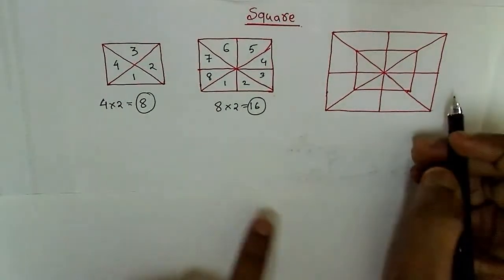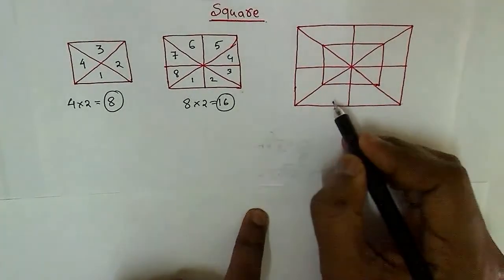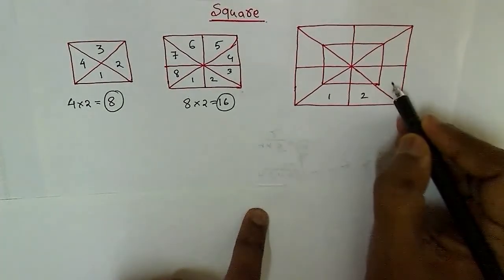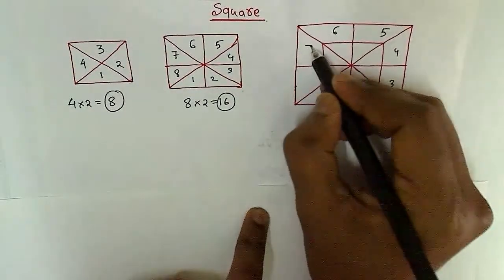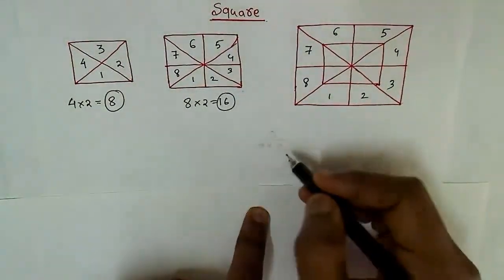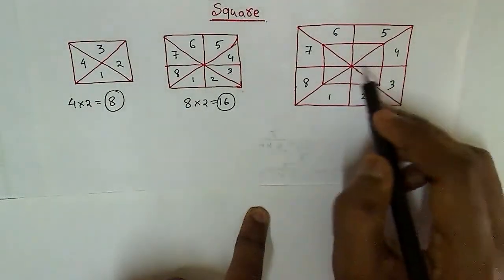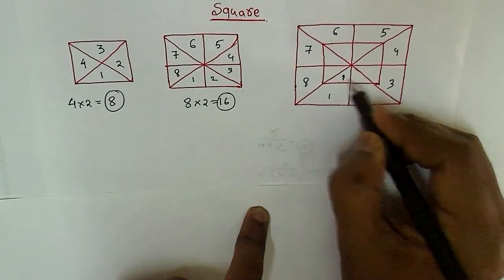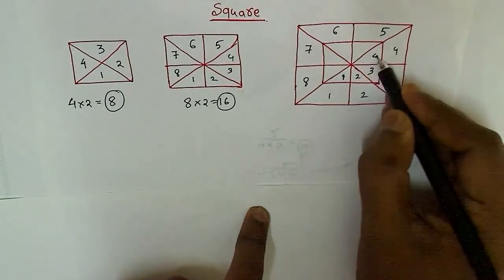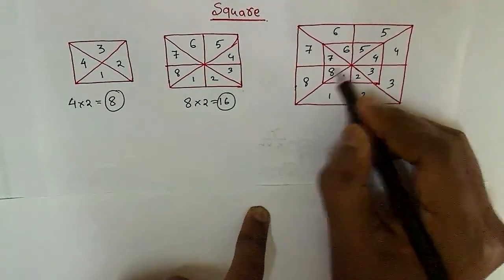So 8 into 2, which is equal to 16. Okay. Again, if the figure is a little bit complicated like this, you just name it. This is 1, 2, 3, 4, 5, 6, 7, 8. That is the outside triangle, and inside also you have one more triangle. Okay, so again once you rename it, 1, 2, 3, 4, 5, 6, 7, 8.